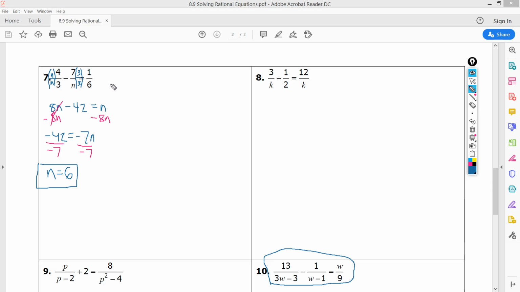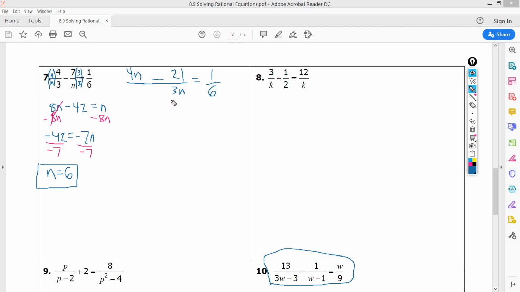So now what's my equation? 4n over 3n minus, 7 times 3 is 21, so I have 21 over 3n equals 1 over 6. Now we subtract these, or rather, we can just get rid of one of the 3n's and turn this into one fraction. When we subtract them, that's what it looks like.